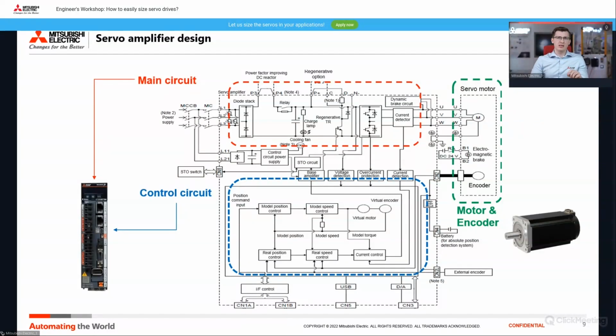But from the sizing point of view, we'll be interested in the main circuit also, because in the power circuit we have the elements which provide the energy for the servo motor, and it is very important to know what is inside, because it will help us later with proper sizing.